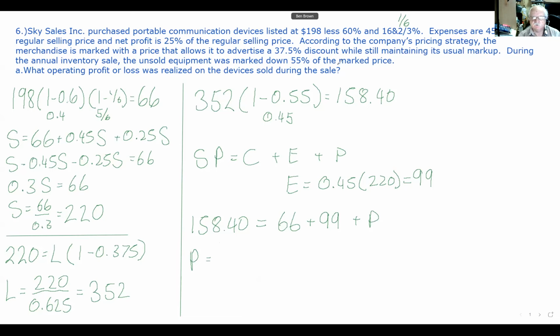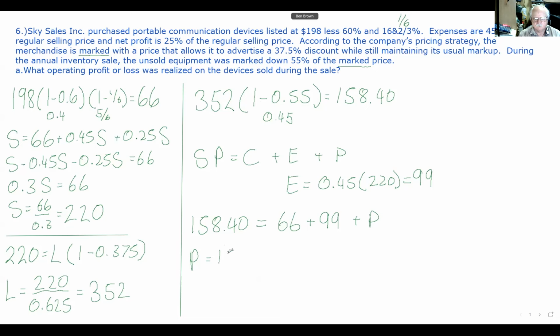When they say the marked price, notice up here, according to the company's pricing strategy, the merchandise is marked with a price that allows them. So this is the marked price. What I'm calling the artificially inflated price is what they've called the marked price in this question. They never call it the artificially inflated price in any question anywhere in the textbook. That's just what I call it. They call it various other things, but that's what it is.